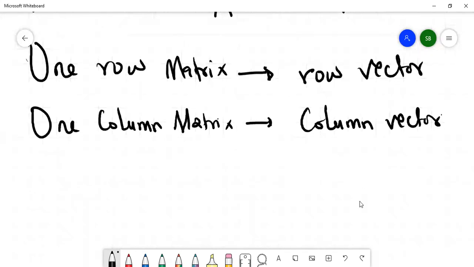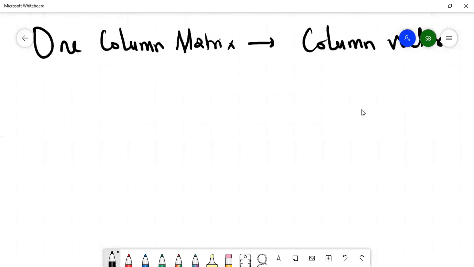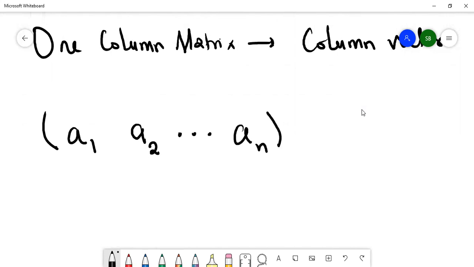For instance, if I write this, A1, A2, and it goes on and on to having n columns, because this has one row, this is referred to as a row vector.